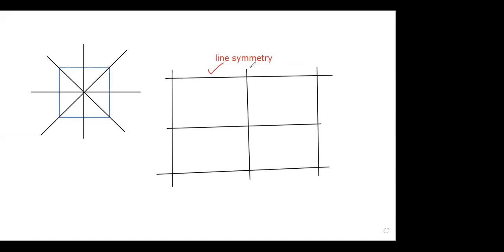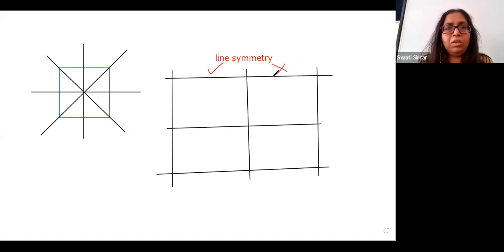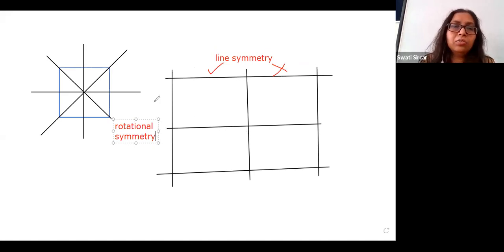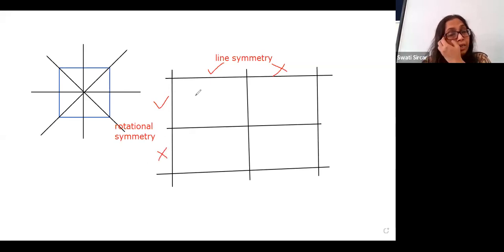So this means line symmetry is there and this means there is no line symmetry. And similarly on this side, it will be rotational symmetry, and whether it is there or not. So if it has rotational symmetry or it doesn't. So a square, it seems, has all, right? A square seems to have both line symmetry and rotational symmetry. So square comes in here.